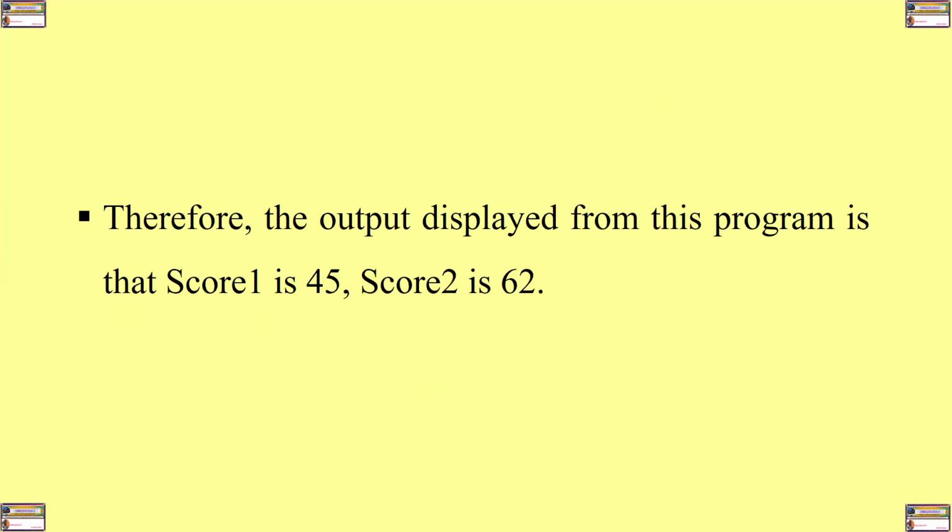The output displayed from this program is similar to the one we got in the previous part of this series, where the program wrote out that score 1 is 45, and score 2 is 62.